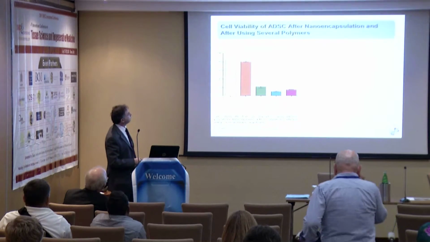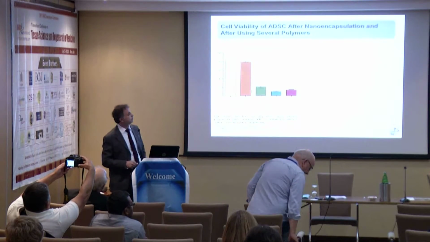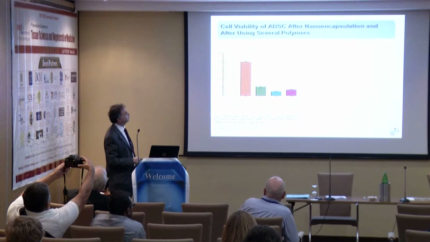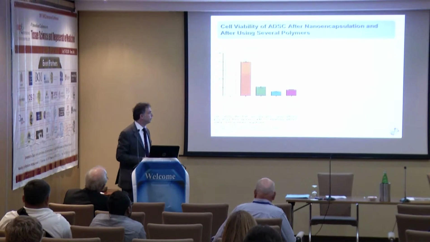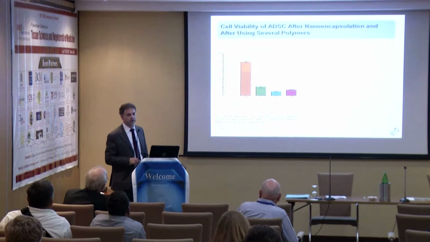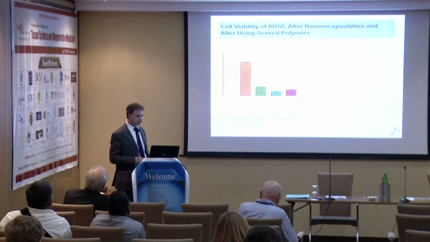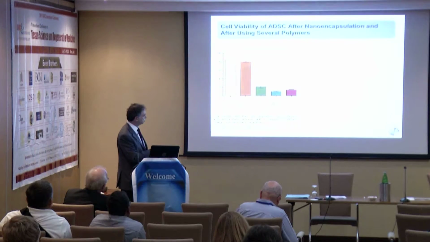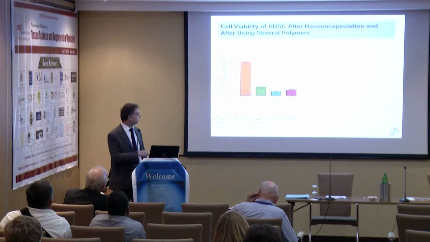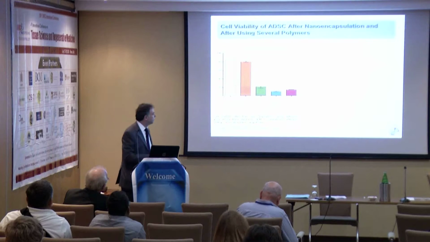The next step was to see the viability of our cells after the nanoencapsulation process. In this case, we also used several polymers, or polycations, to look at the cell viability. Excuse me, I forgot to say that our polymer one in this case is chitosan.